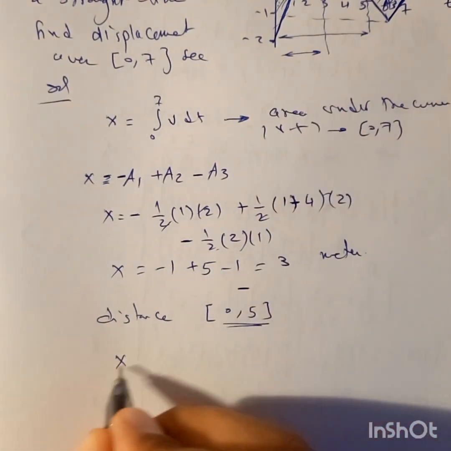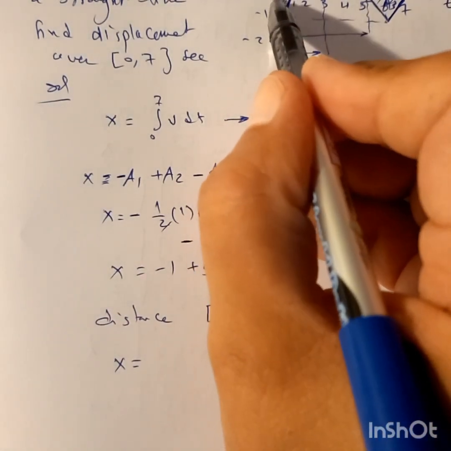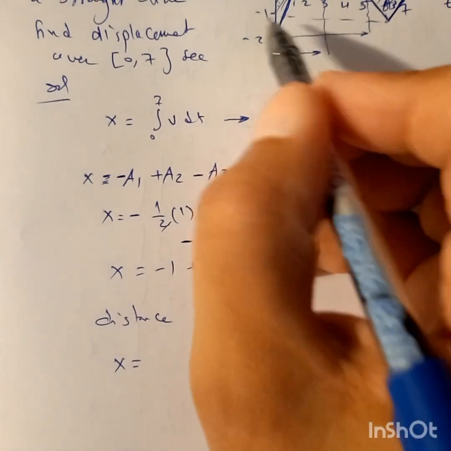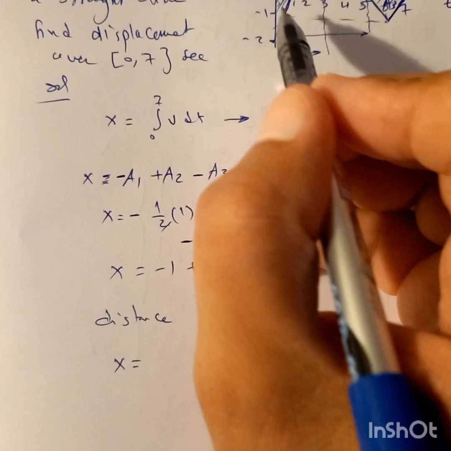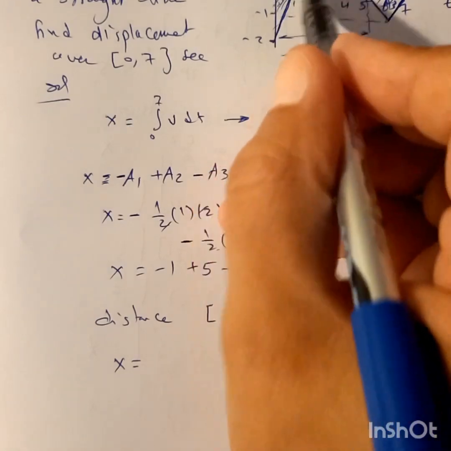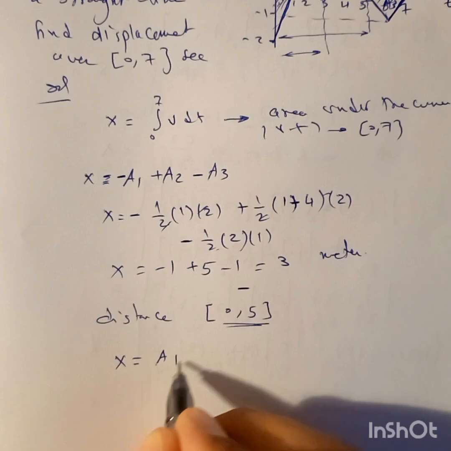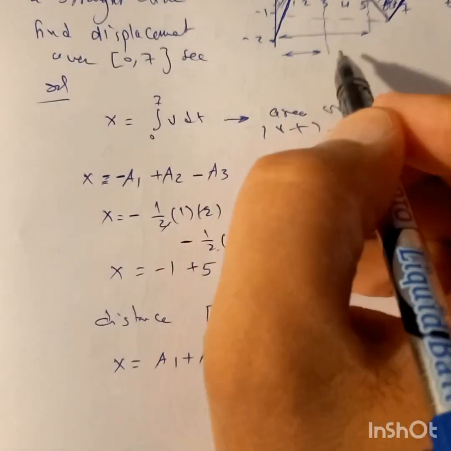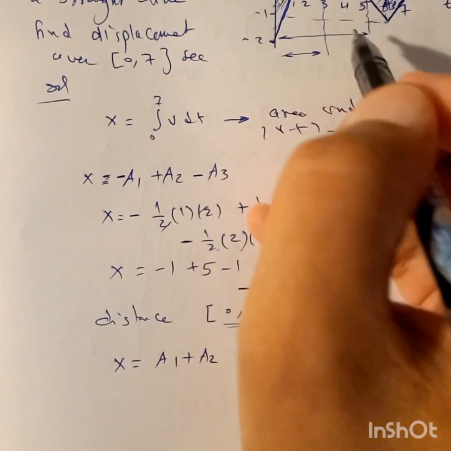Then distance x equals the area under the curve from 0 to 5, but with positive sign. Then we have the area of this triangle and the area of the trapezium, both in positive signs. Then we have here a1 plus only a2, as it's required to find the distance from 0 to 5 only. We'll remove this area.